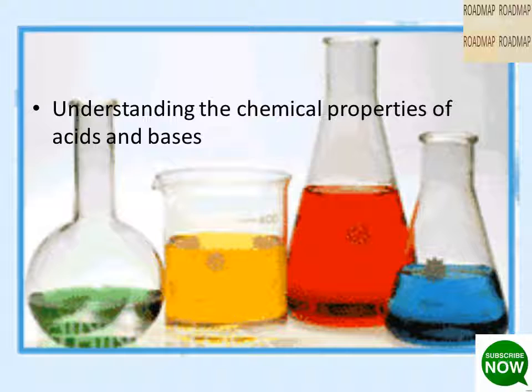What change in color do you see with red litmus, blue litmus, phenolphthalein, and methyl orange solutions for each of the solutions taken? Just try to do this test with your teacher's assistance and write down your results.